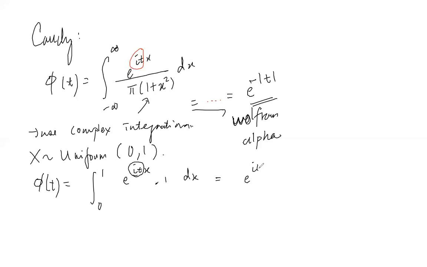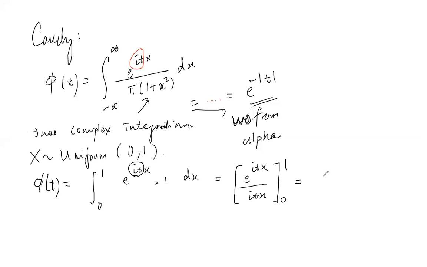So basically you have e^(itx) over it, from 0 to 1. Strictly speaking, this is actually illegal, but it gives you the same result. So we do it with the understanding that strictly speaking, you have to use complex variables.